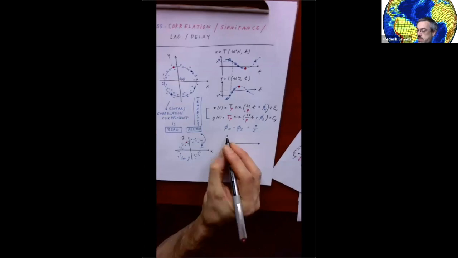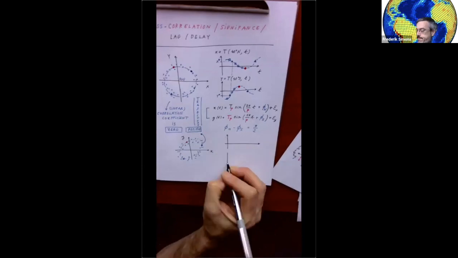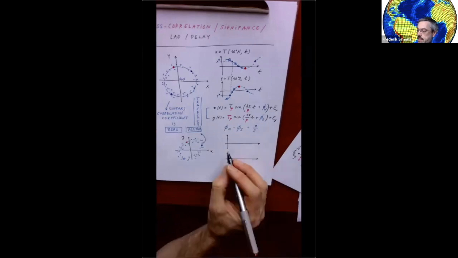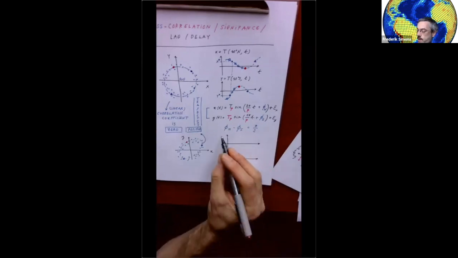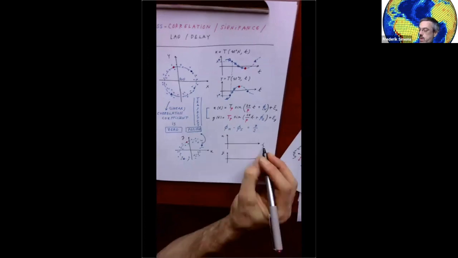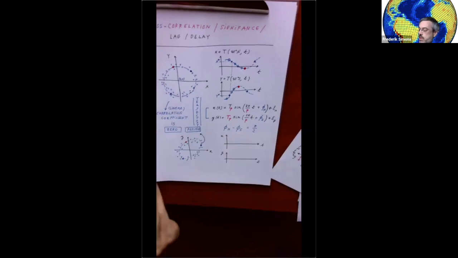So now I'm sketching this situation. And here is my X again. And here is my Y again. And there's a time again. I'm not going to draw it perfectly here because I'm just going to sketch it.